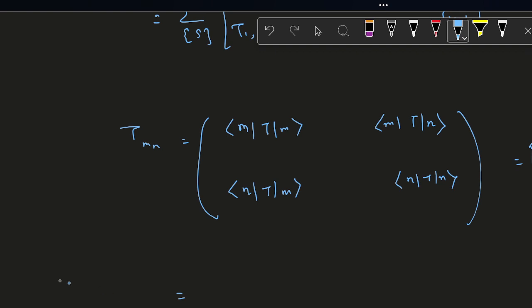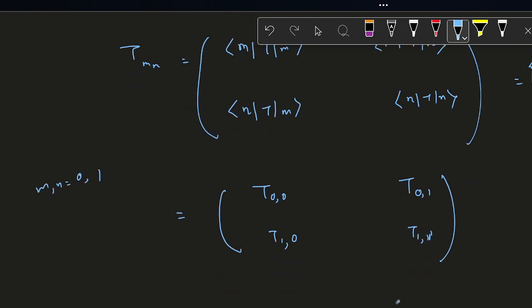For our case, the spin values m and n are 0 and 1. So let us take one element at a time. You will have to get T00, T01, T10, and T11.